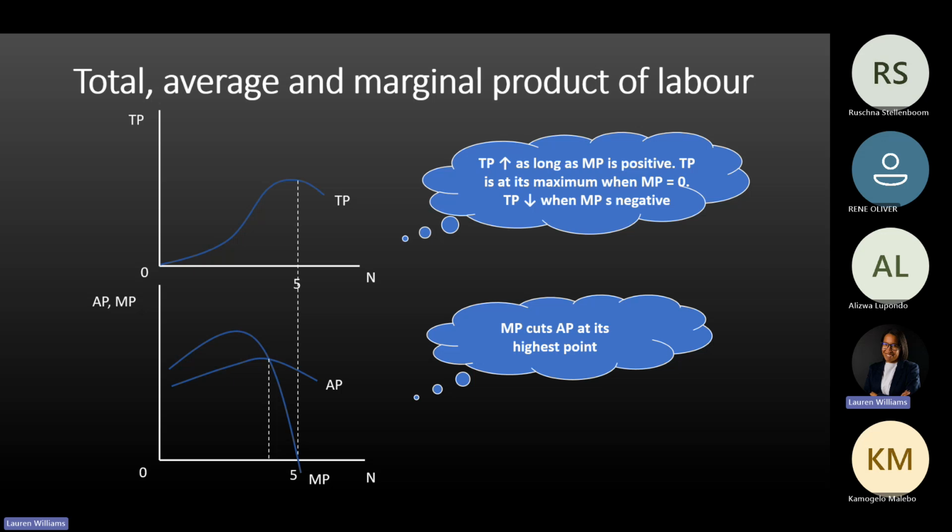And then when your marginal product becomes negative, your total product starts to decrease. But so does your average product. Okay. So it's just a quick highlight of what the graph looks like rather than using the one in the textbook. This one kind of simplifies everything for you.